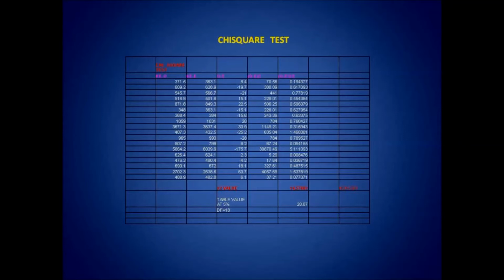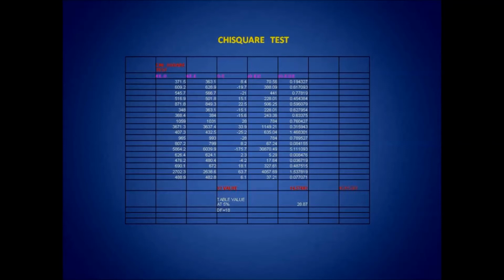This chi-square value should be less than the table value. Then it indicates non-significant, meaning there is no difference between the observed population and expected population. That means expected and observed populations are the same. If there is no difference between expected and observed population, the chi-square value should be less than the table value at 5%.